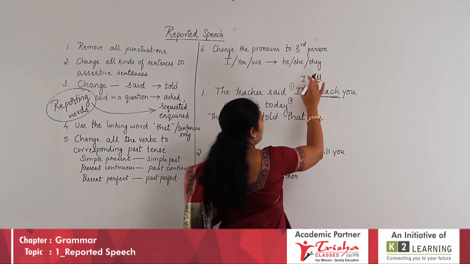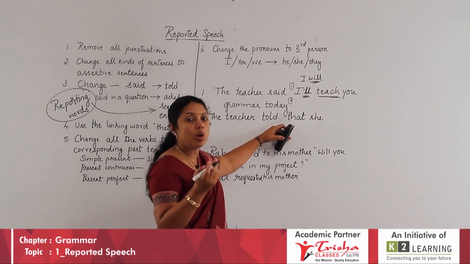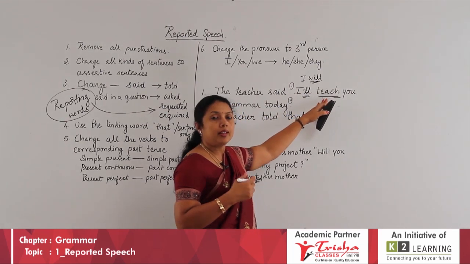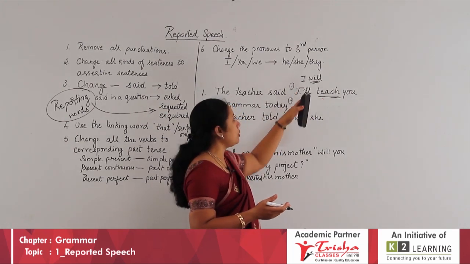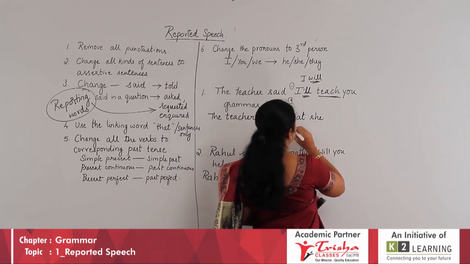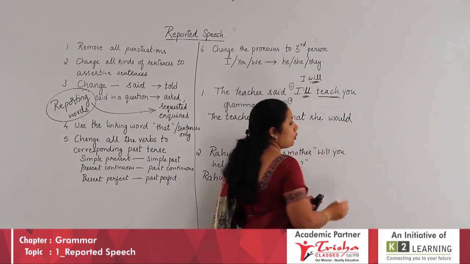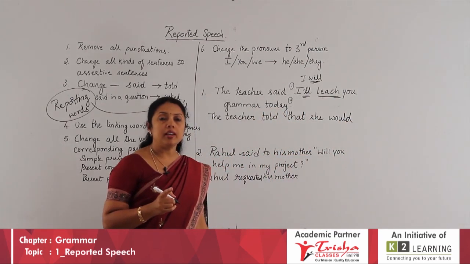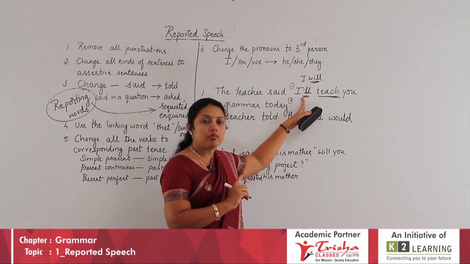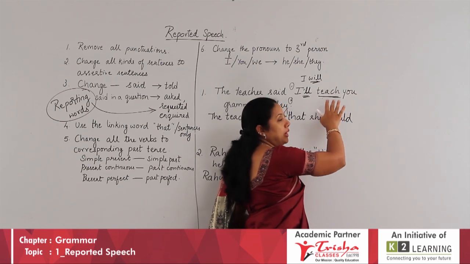Now among these two, tell me which one has to be changed into past tense. Is it will or teach? It is will. So we have to change this will into past tense. That she would. Once I have made a change in the corresponding auxiliary verb, I don't have to change the actual main verb.